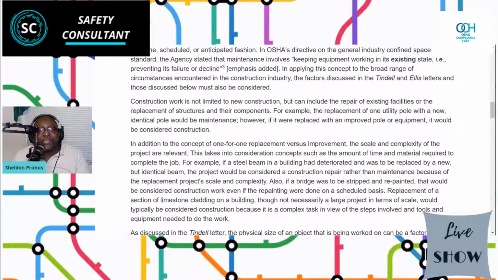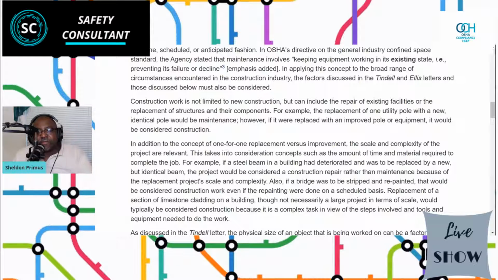So this utility pole, even though it's new, is the same pole we had. We're just replacing this one pole that may be deteriorating with a new pole. The repair work might hit the definition of construction work, but OSHA in this letter of interpretation is saying like part for like part is maintenance.